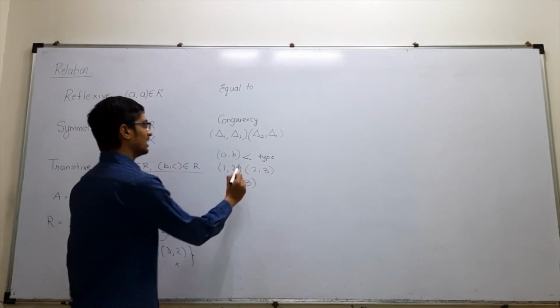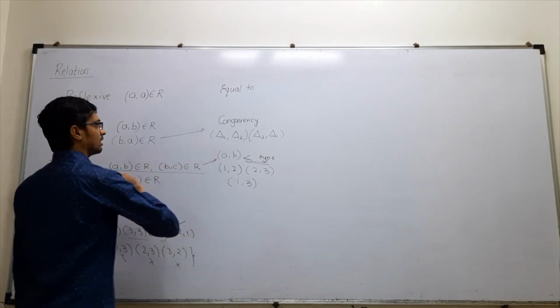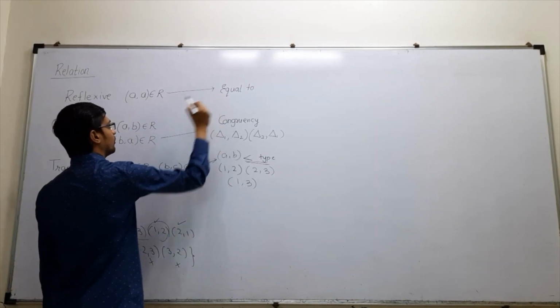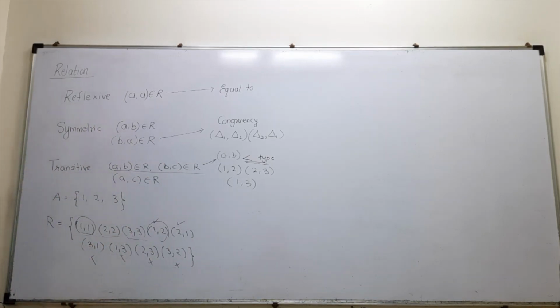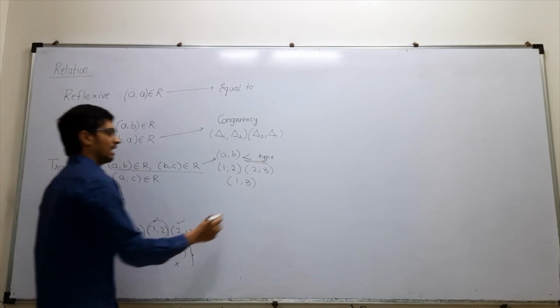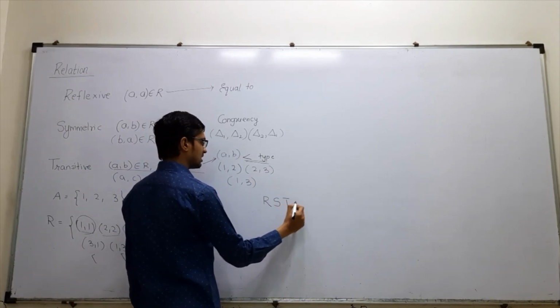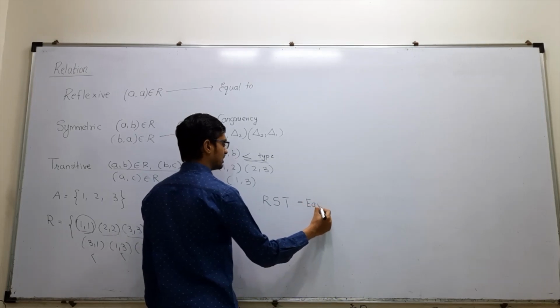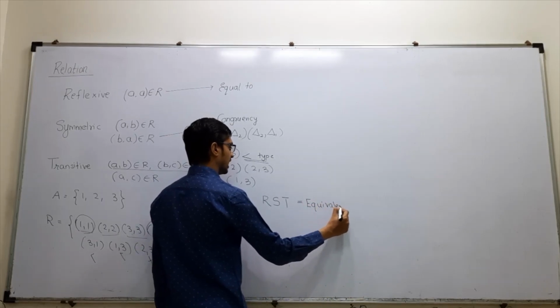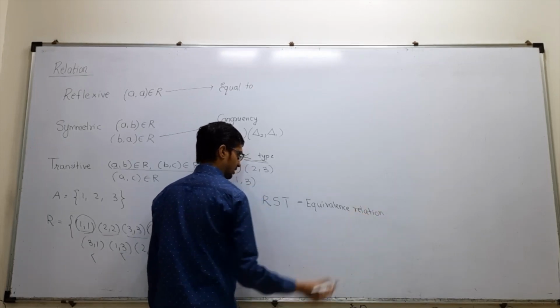So a less than relation is transitive, congruency is symmetric, equal is reflexive, and a relation which satisfies all three, that is it is reflexive as well as symmetric as well as transitive, then it is called as equivalence relation.